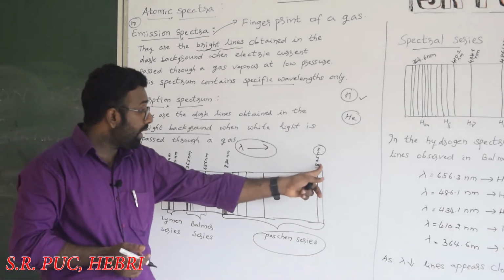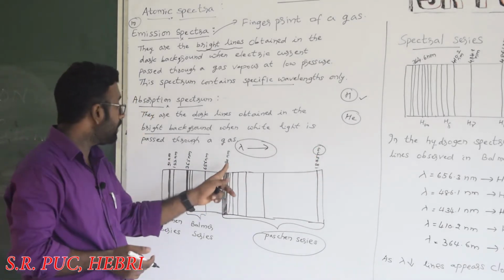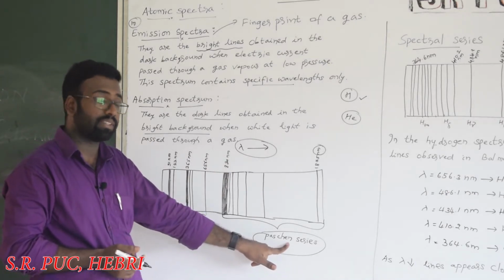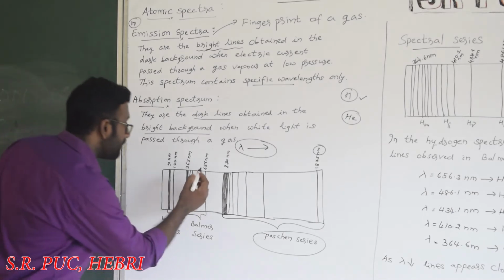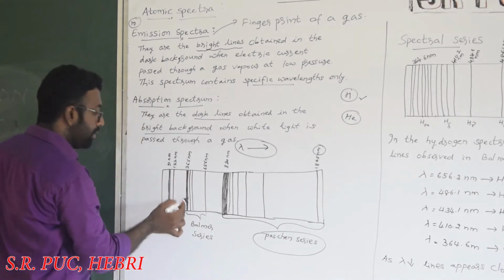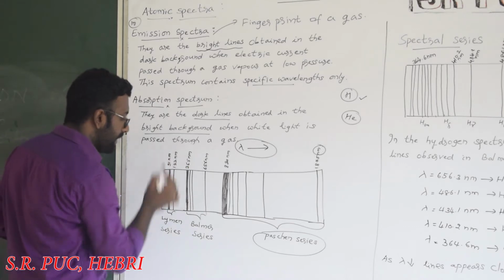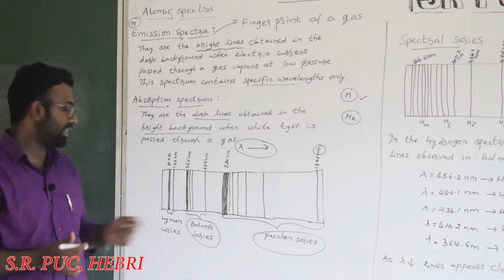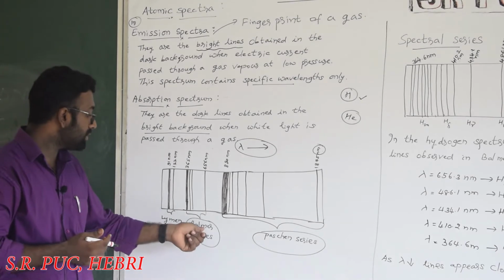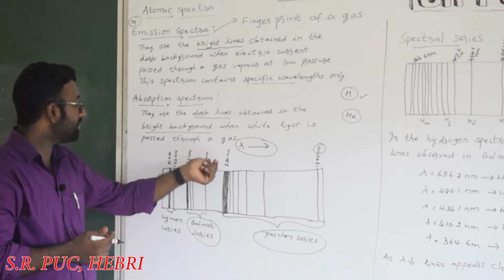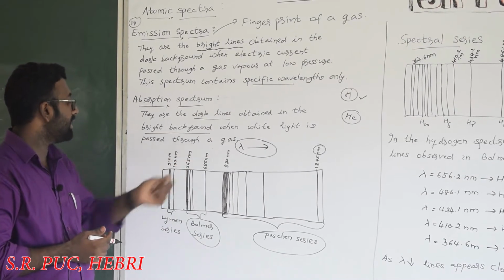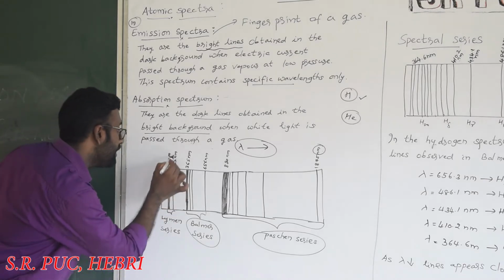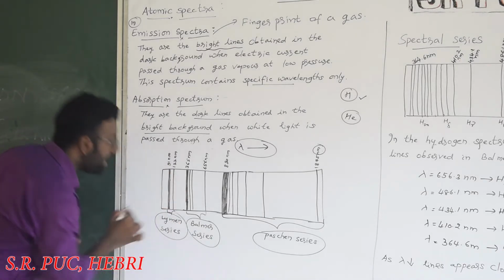From 1875 nanometer to 820 nanometer, we have a series called Paschen series. Then from 656 nanometer to 365 nanometer, we have the spectrum of the Balmer series. Then from 122 to 91, which is the Lyman series.